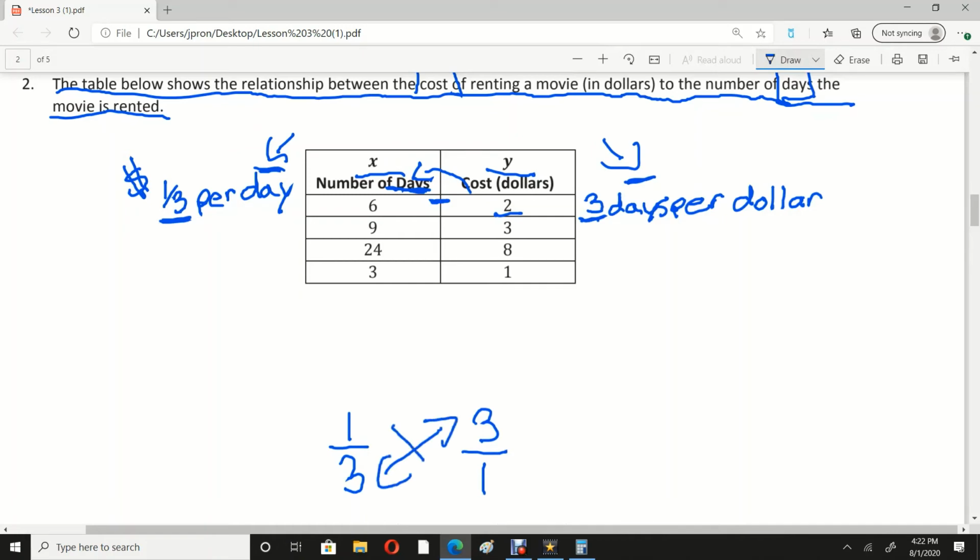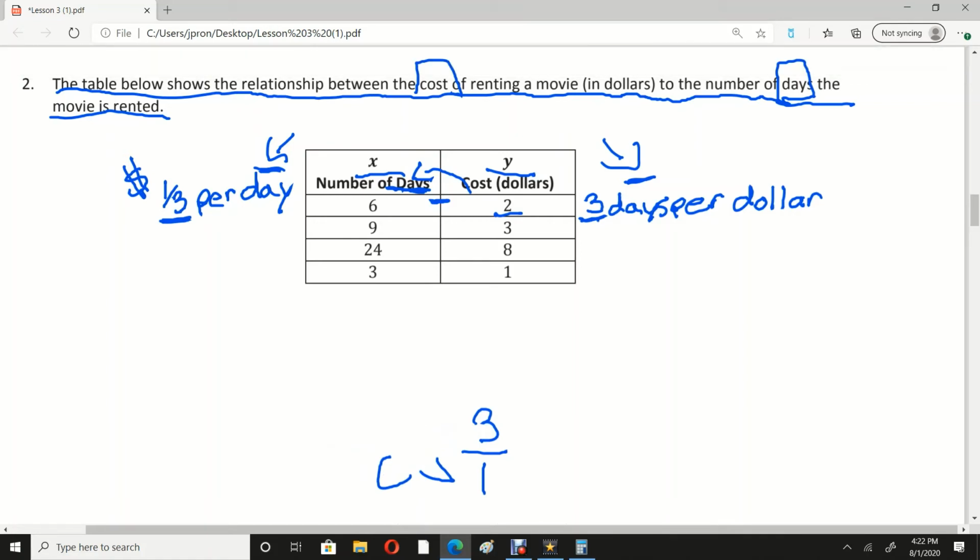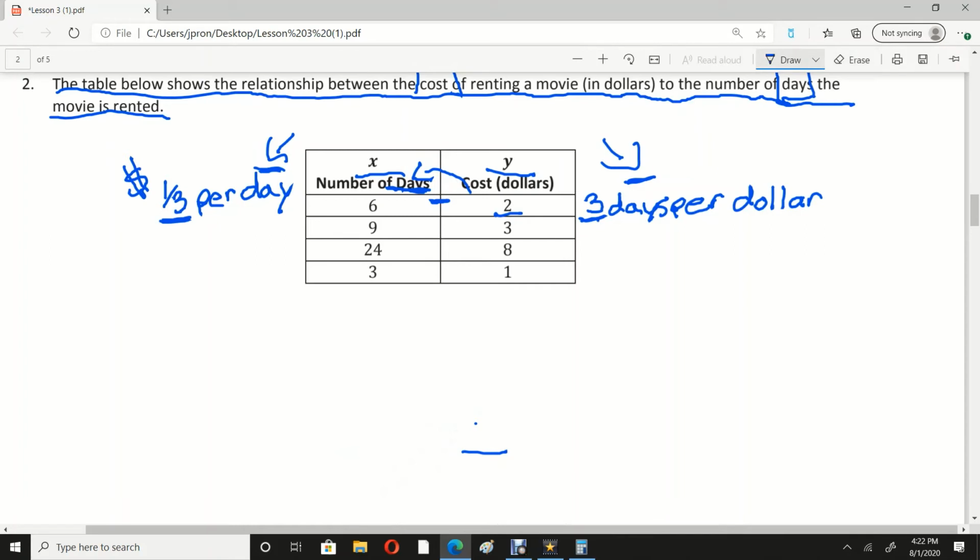Reciprocal, multiplicative inverse. Fantastic. Whichever way you choose to look at this, whether you would rather think about it in terms of dollars per day or days per dollar, you just want to make sure that you compare it the same way for each one of these columns, right?